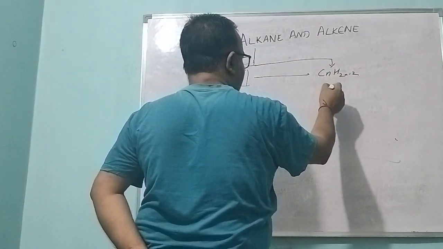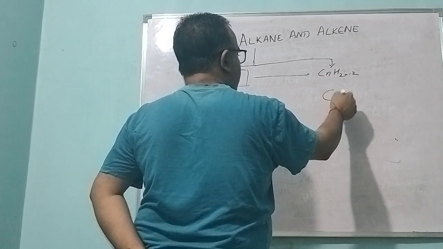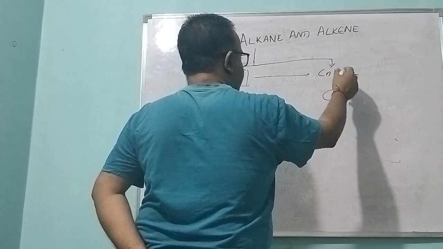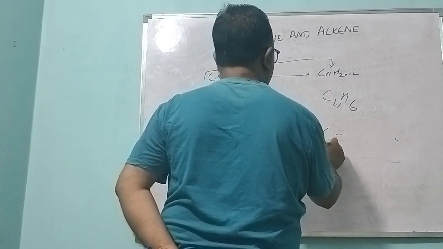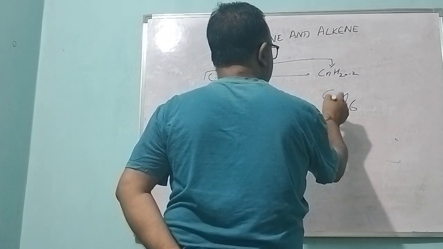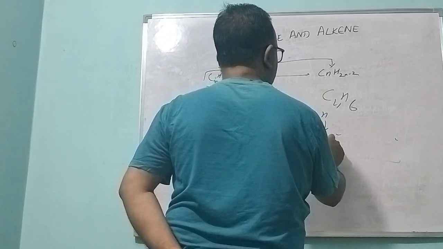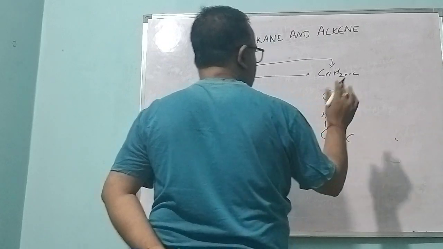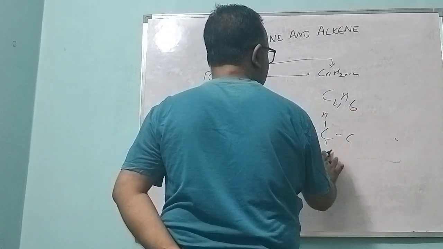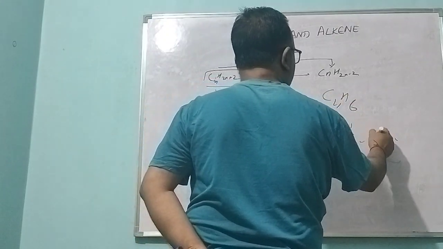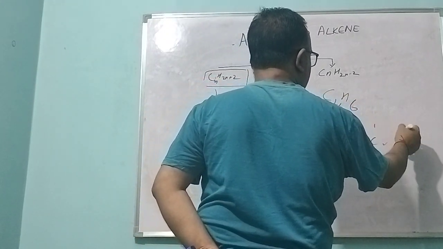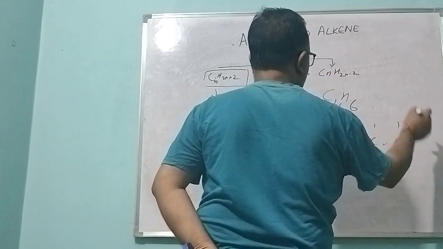Alkenes are unsaturated. I'll tell you how. Let's say C4 H8. See here. Hold on. So this becomes my CH3 C. Okay.